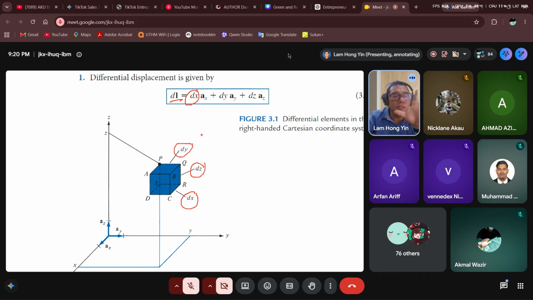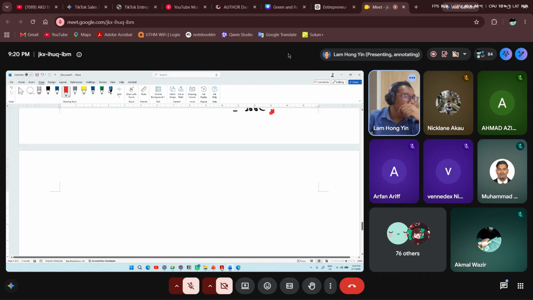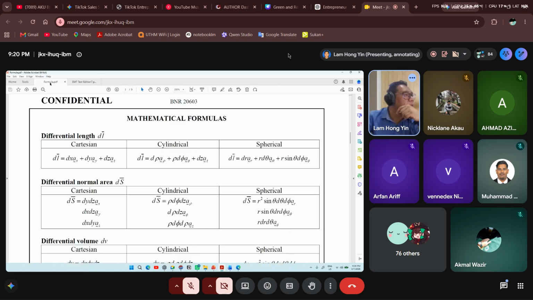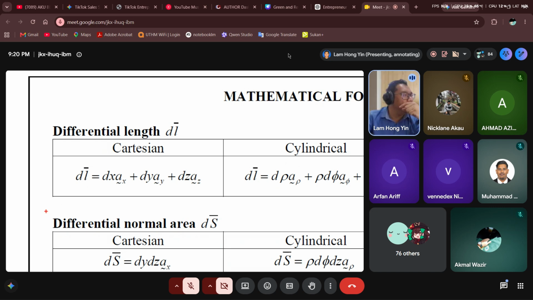In general, for Cartesian coordinates, you don't have to memorize dl. In fact, you can see it in the first page of the formula sheet. Your dl is dx ax, dy ay, dz az, right?